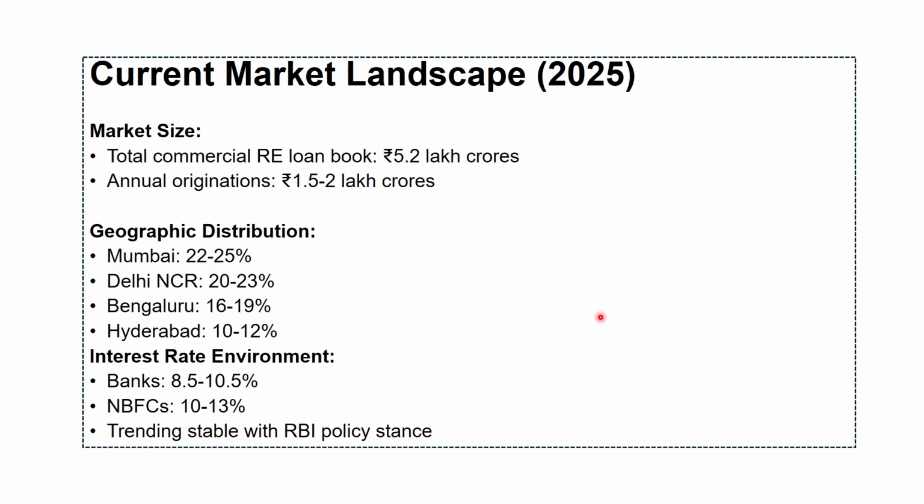So for example, a Bangalore IT park might get a 9.25% loan from HDFC. So you can see the stability of the business and the kind of mortgages they can give. So that kind of thing is understood. So this is basically how the current market landscape is panning out right now.